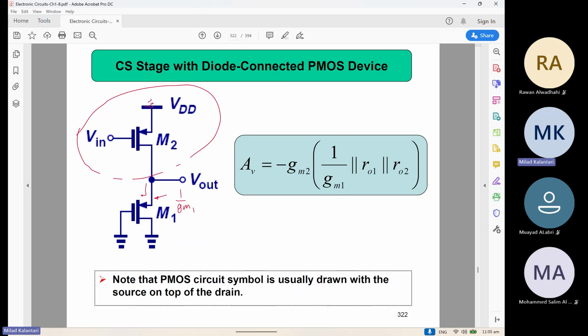So basically what we have is GM2, the input device, times the impedance 1 over GM1. And if you want to be more accurate, each of these devices has its own R out to the ground, right? So they are in parallel.